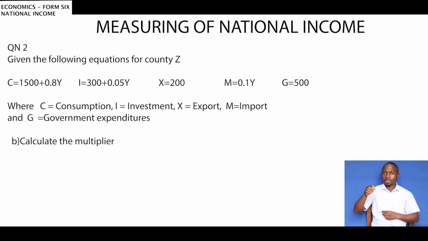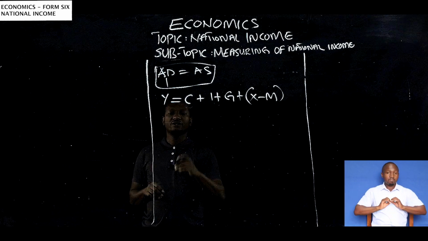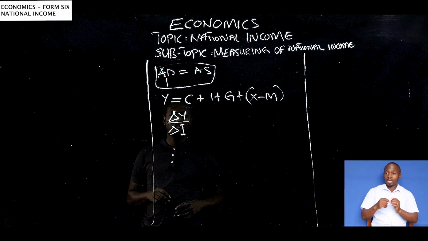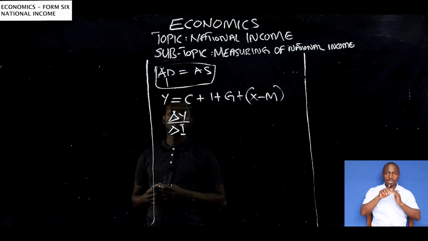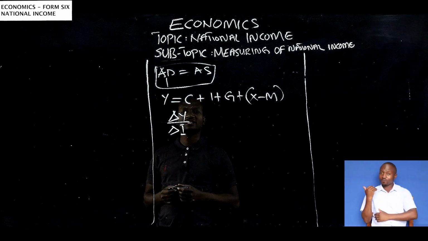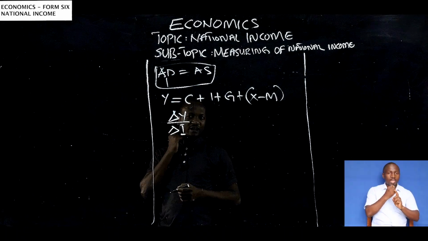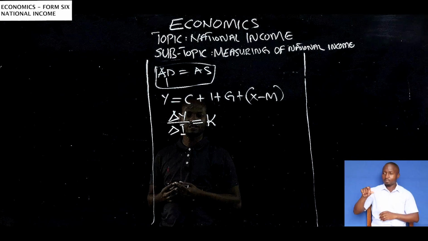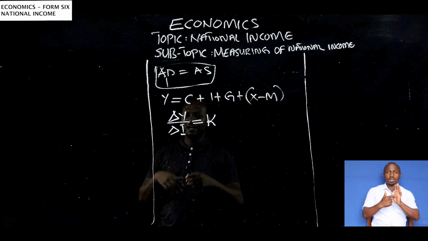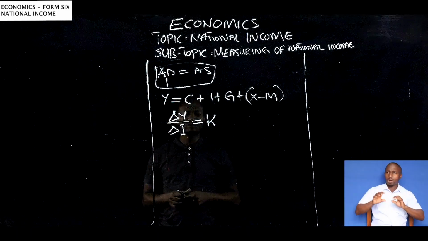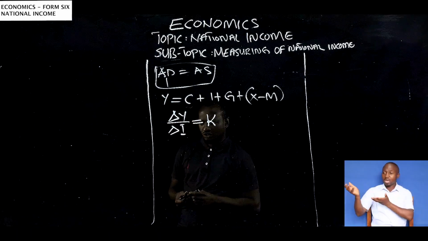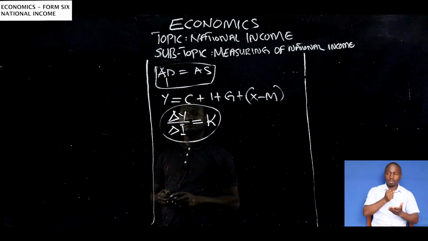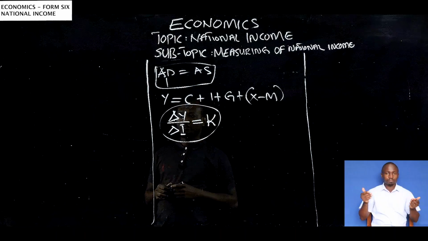Multiplier means change in income due to change in investment. According to the syllabus and level of Form 6, we deal with the investment multiplier, which is represented by symbol K. But there are also tax multiplier, export and import multiplier, etc. So we have to find the investment multiplier, which is change in income over change in investment.